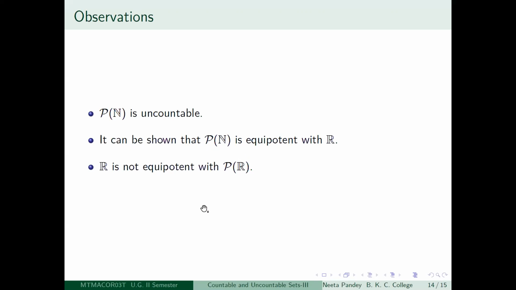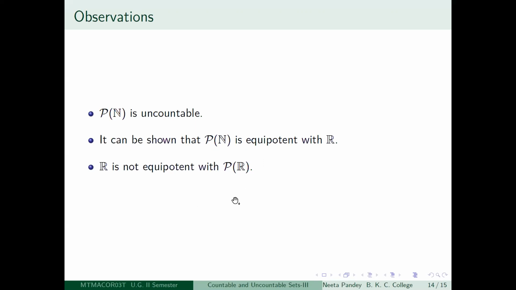So the power set of R is uncountable, R is also uncountable, but now they are not equipotent. So as I said before, there is no such blanket thing that if the sets are uncountable, then they are all of the same type. It is not true.